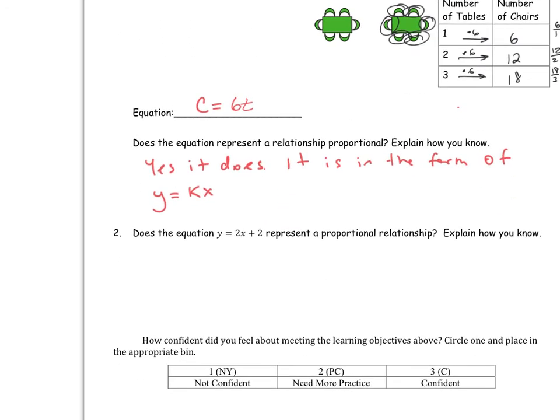Now the third question asked, does the equation y equals 2x plus 2 represent a proportional relationship? In this case, the answer is no. It does not.